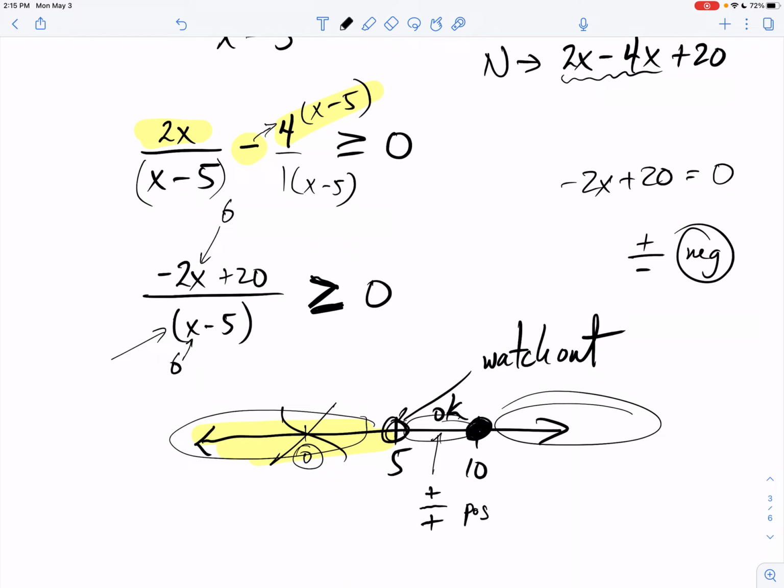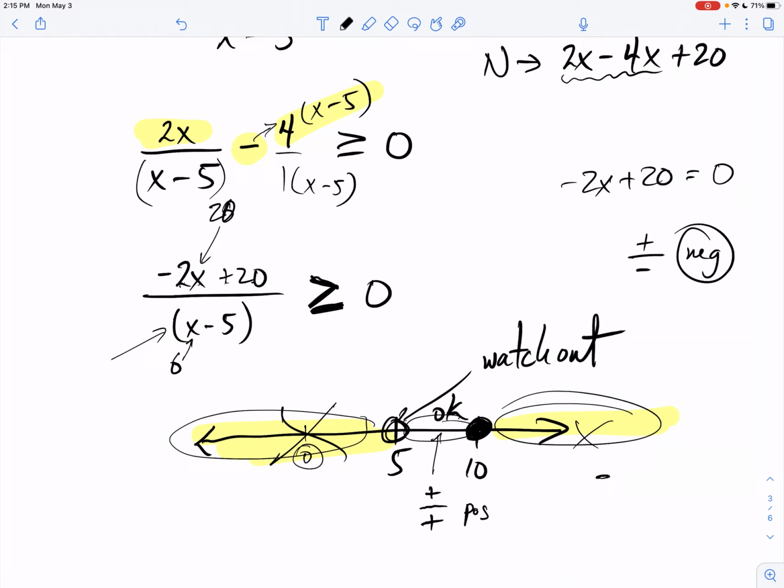So what about the outside here? Don't just assume it's not going to work, because you never know with rational stuff. So let's plug something in. How about we plug in the number 20? The positive 20 would be over on this side. And if I plugged in 20 for x, I'd get negative 2 times 20 is negative 40, plus 20 more is negative 20.